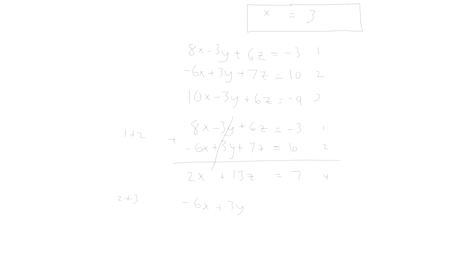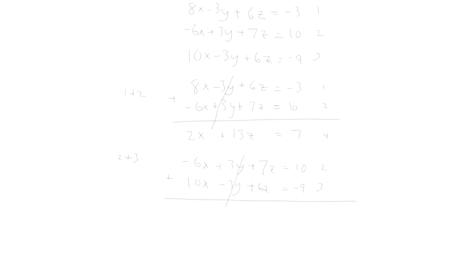Equation 3 is 10x minus 3y plus 6z equals negative 9. Okay, so we're going to add these two equations together, eliminating the same variable as the previous step.